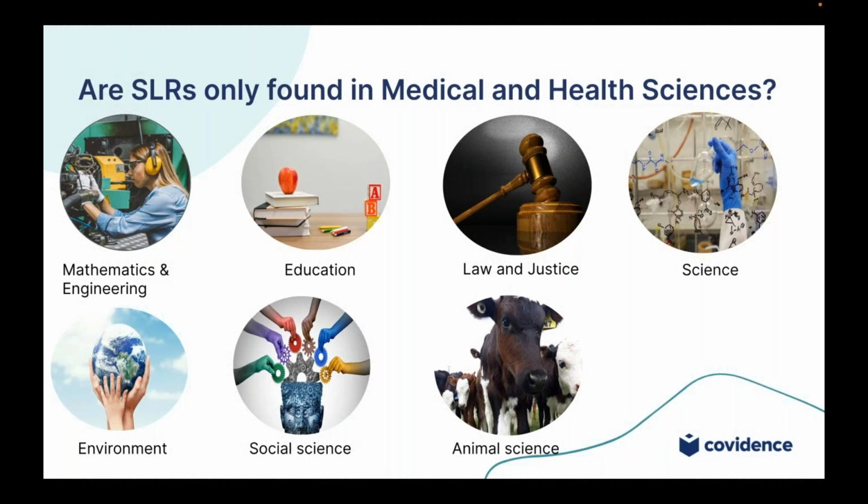But as the methodologies emerged, there's been a really sharp uptake in the usage in other disciplines and fields, and we now see reviews being published in many other disciplines, some of which I've highlighted here on this slide. So we see a sharp increase in mathematics and engineering, education. We have reviews being published in business and social sciences and animal sciences. So they're just a few examples.